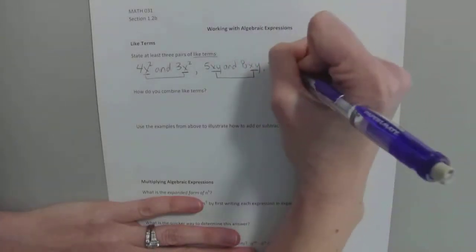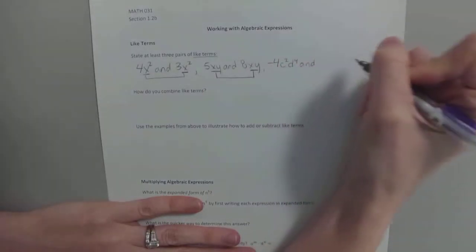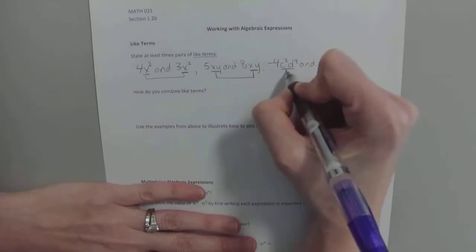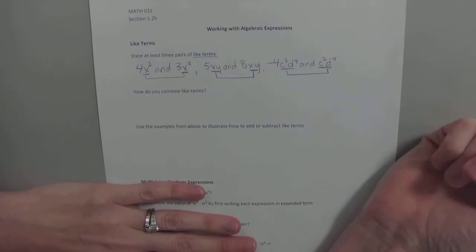Negative 4 c squared d to the 4th and c squared d to the 4th. What you'll notice is that second term doesn't have a number in front, so its coefficient is assumed to be 1, okay? So that's negative 4 c squared d to the 4th, and that other term's technically 1 c squared d to the 4th. But what we want to notice is they both have not only c's and d's, but the c's and d's are raised to the same power, all right?